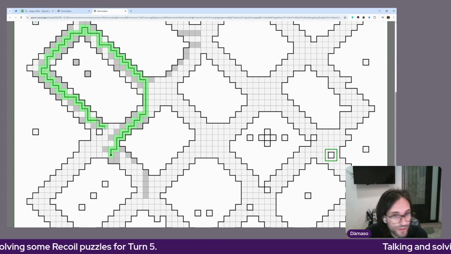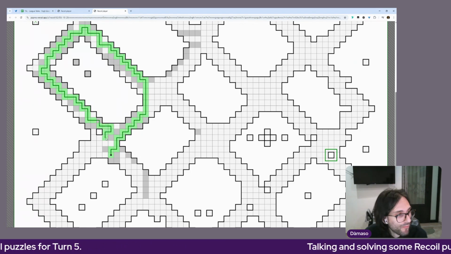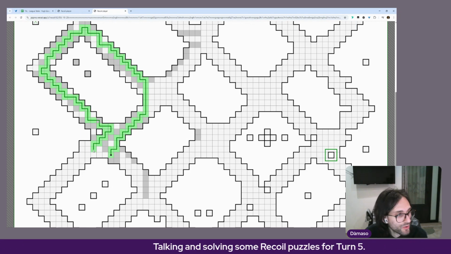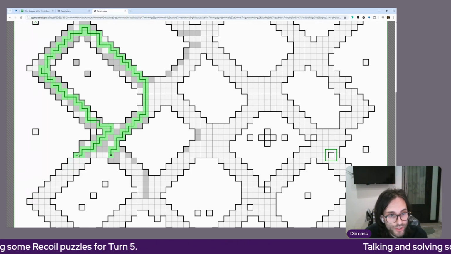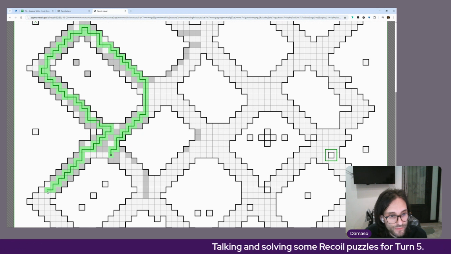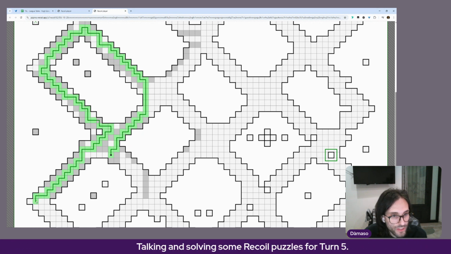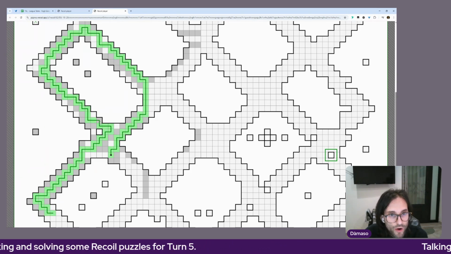I can, in theory, do that and try to go this way, and then maybe this way, and then try to use those things, or try to go in the middle here and do that. That's absolutely a good idea, right? You could do that. Now, how do I avoid this cell though?